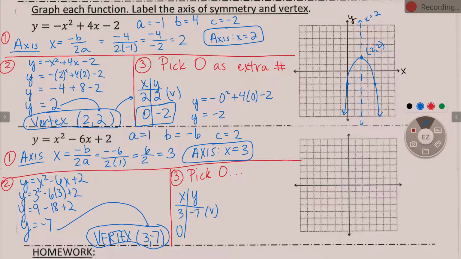And then if we pick 0 as another good number. 0 squared minus 6 times 0 plus 2. 0 minus 0 plus 2. It's 2. So now we have the ordered pair of an extra point of 0, 2.